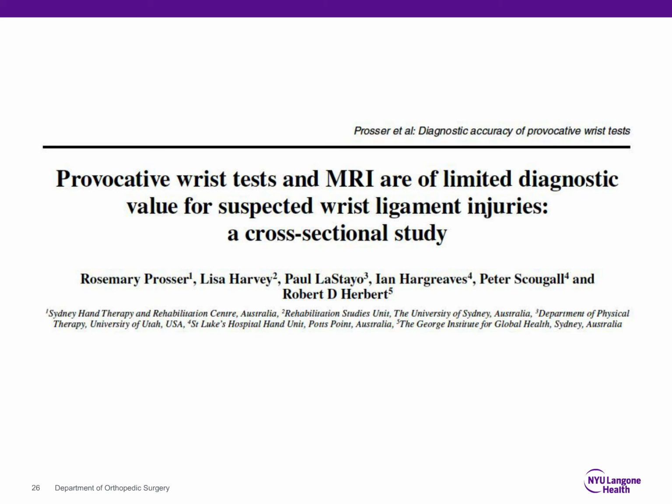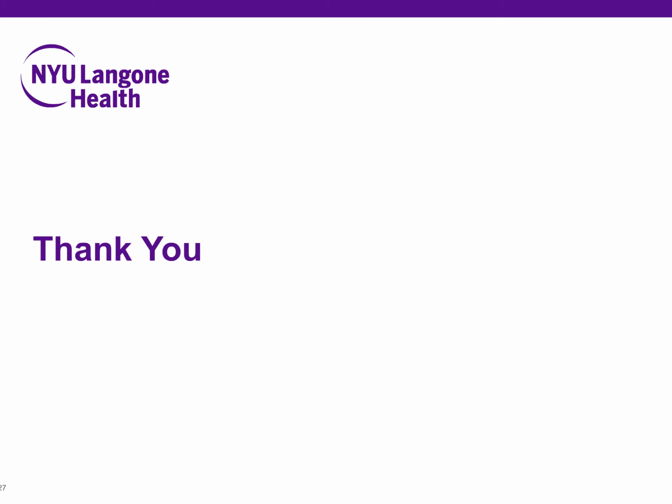I bring this up as a reminder that a good physical exam coupled with good imaging is essential, and you can't rely on just a good MRI or just a good wrist exam many times. Many times these have to work in conjunction with each other to really find out what's going on. And that's it. Hopefully that was useful.